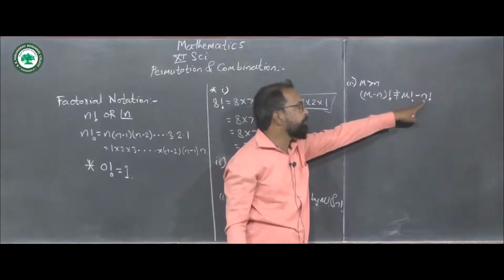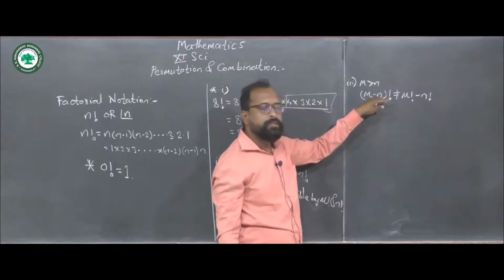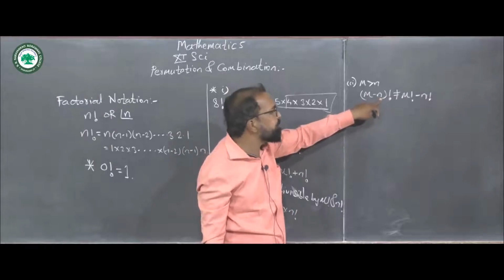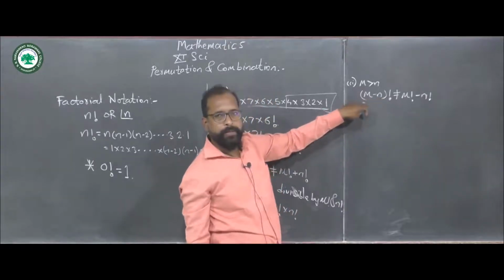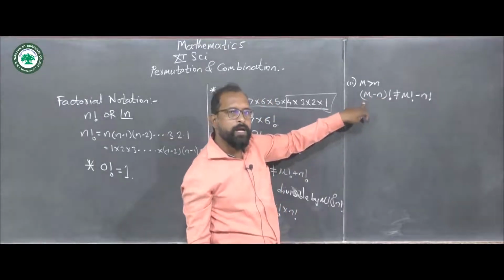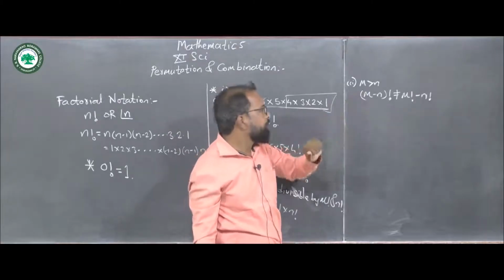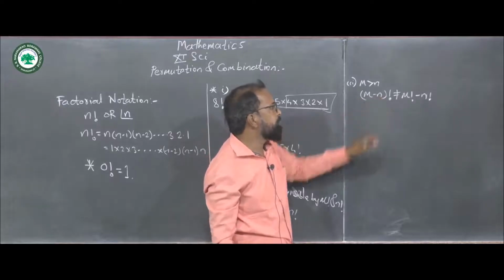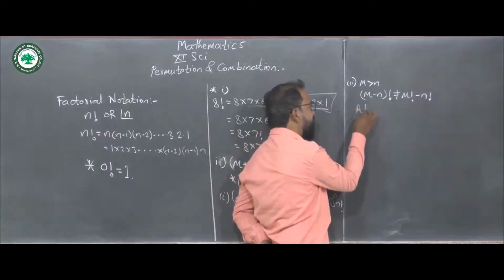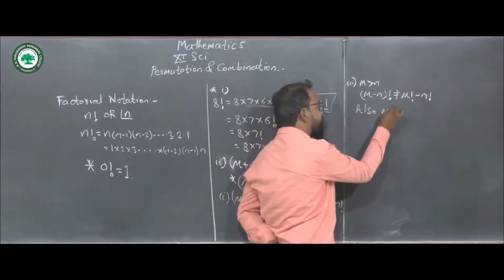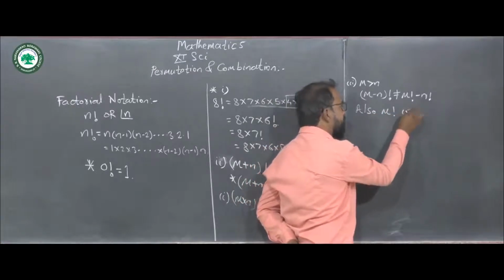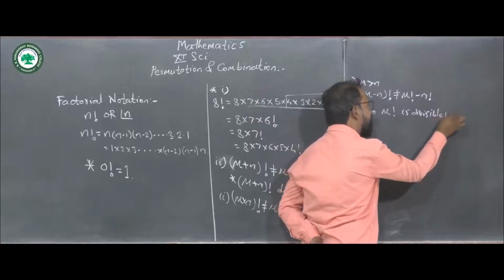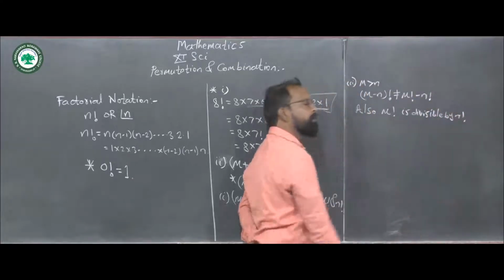And here also, this n factorial, that is the smaller number, divides m factorial. That is, m factorial is divisible by n factorial. So here we write also m factorial is divisible by n factorial.